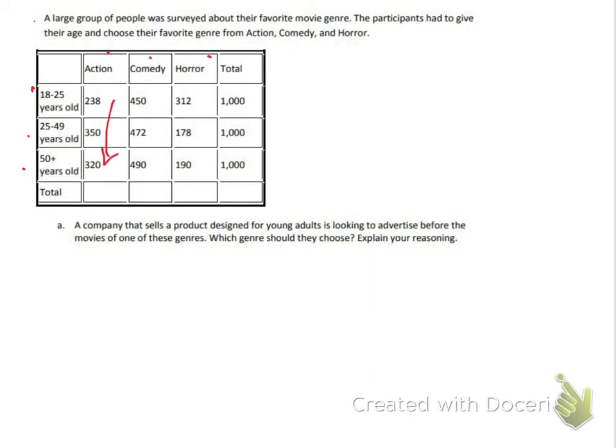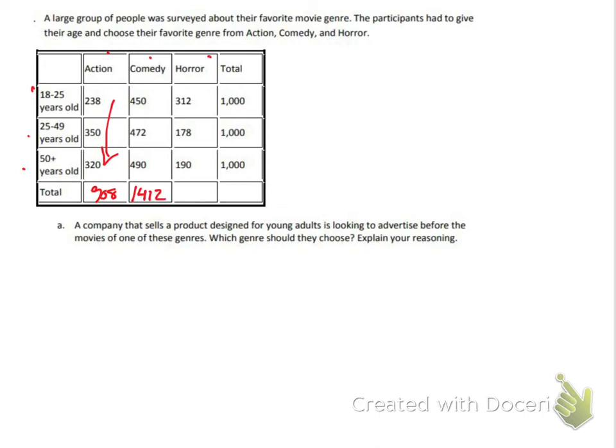So 238 plus 350 plus 320 would be 908. Go to comedy: 450 plus 472 plus 490 is going to be 1,412.